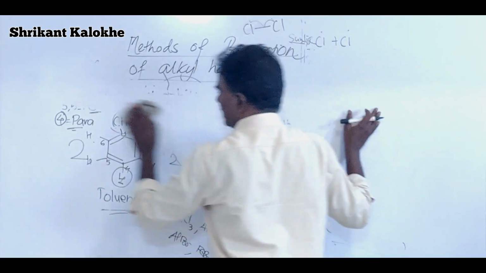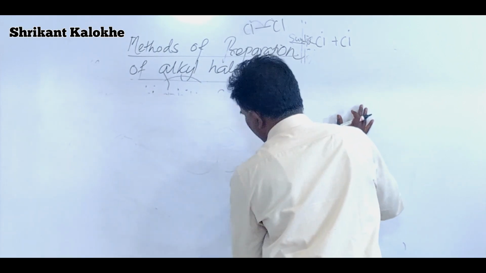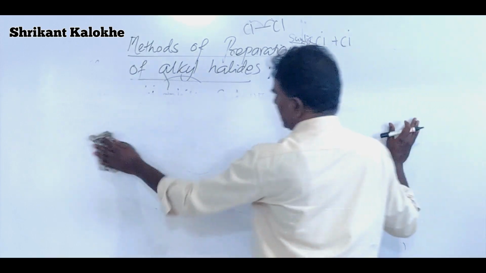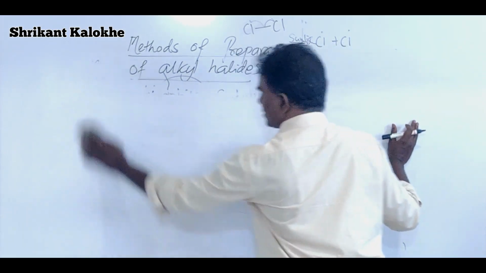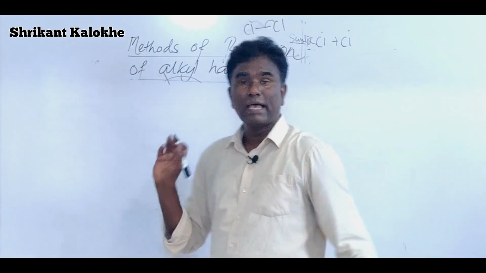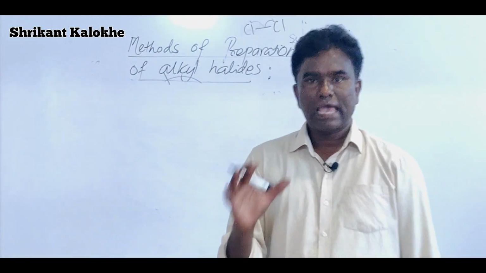This was our second last method, and the last method of preparation of alkyl halides or monohalo derivatives is Sandmeyer's method, in which we will also prepare the haloarenes. Here the electrophilic substitution reaction gives us haloarenes. This thing has to be remembered, that electrophilic substitution reaction gives us haloarenes.